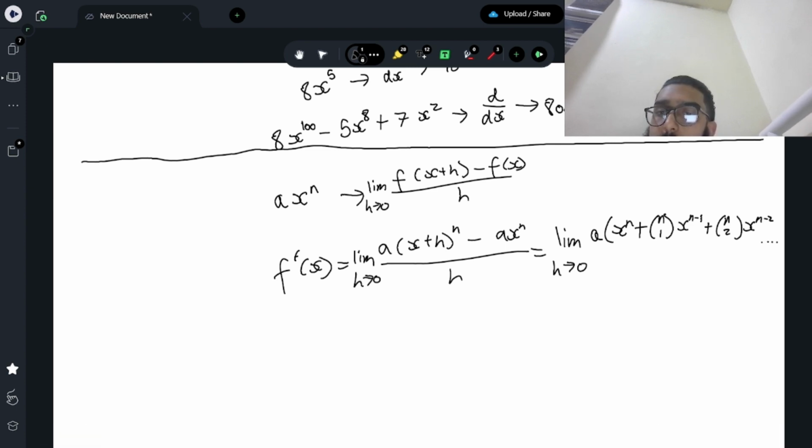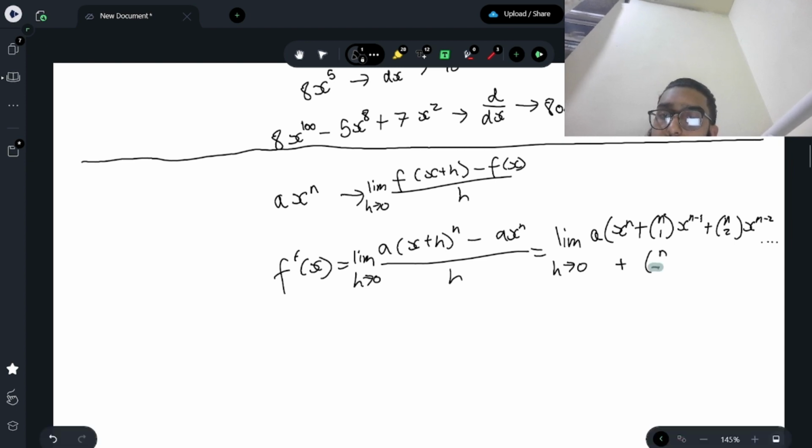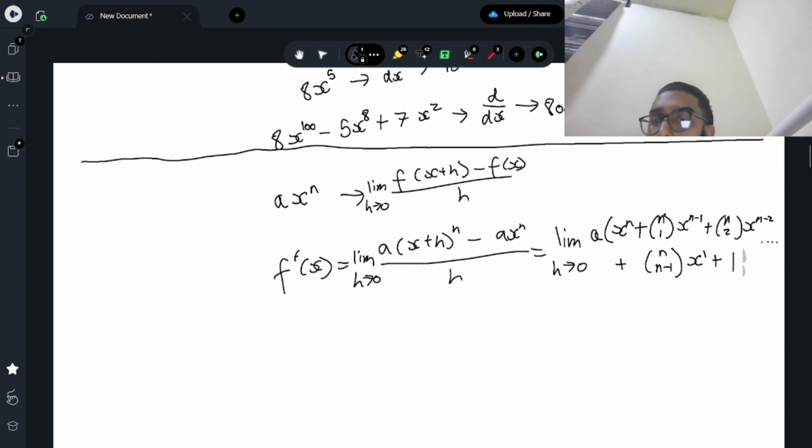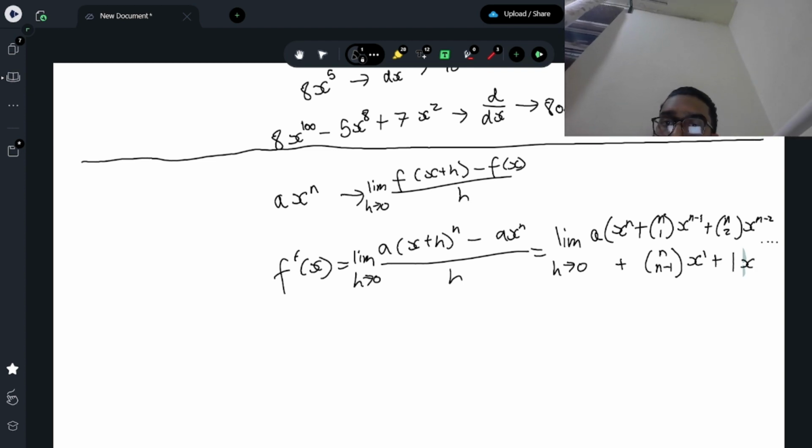So plus, it's going to go through a bunch of different things in the middle until finally we get to n choose n minus 1 of x to the power of 1, plus n choose n, which is just 1, times x to the power of 0.